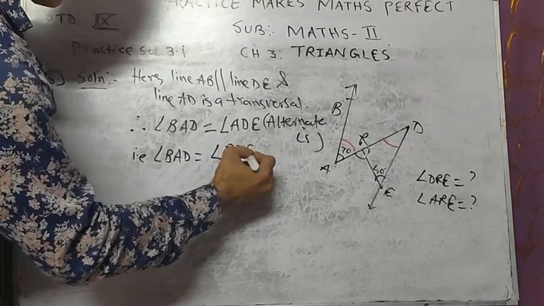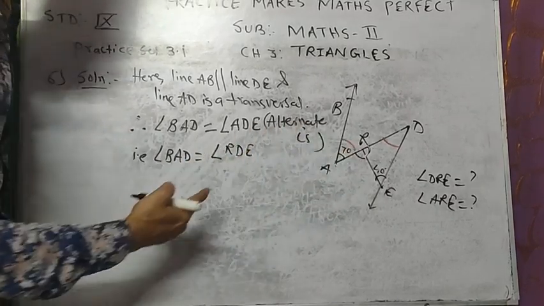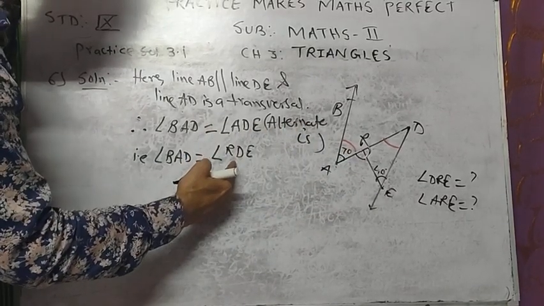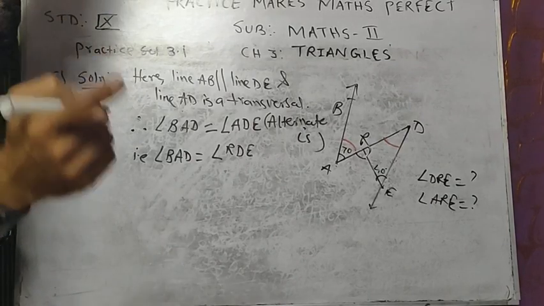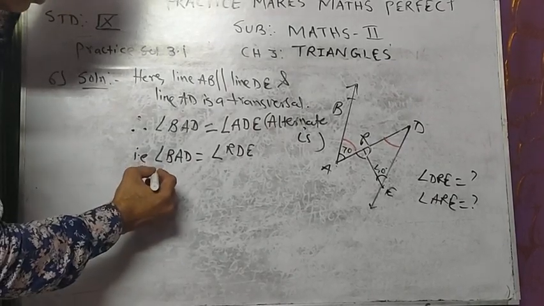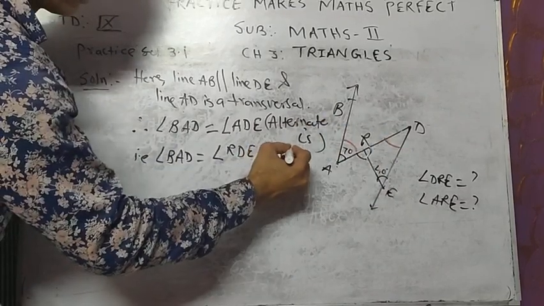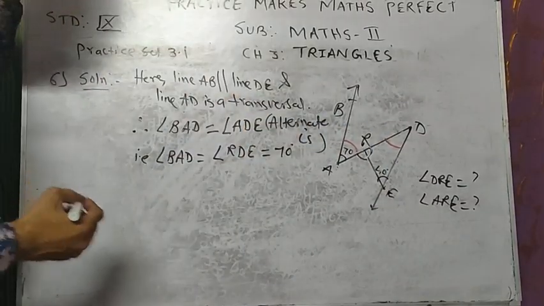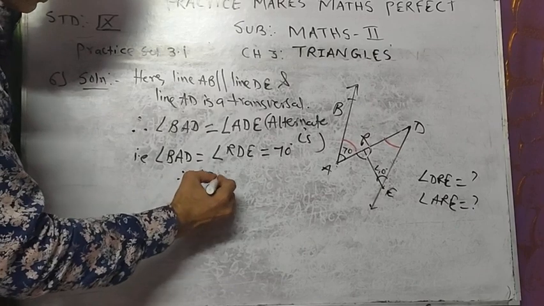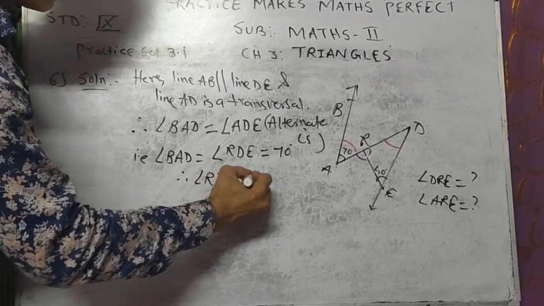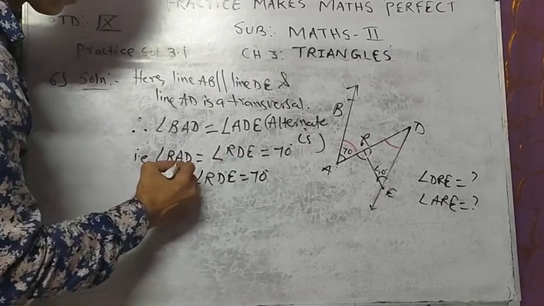Same angle with a different name. The angle is the same, but the name is different. Okay, so these two angles are how much, you know? This will be 70 degrees, and therefore angle RDE you will get 70 degrees.